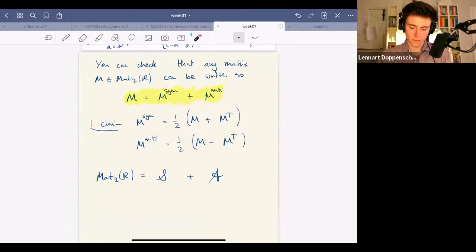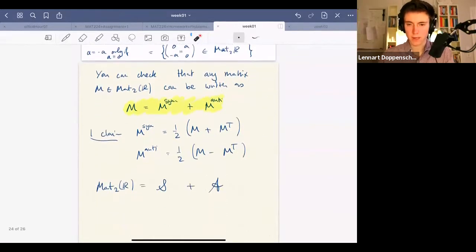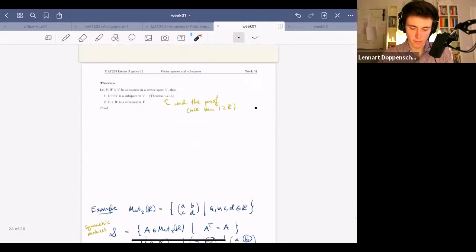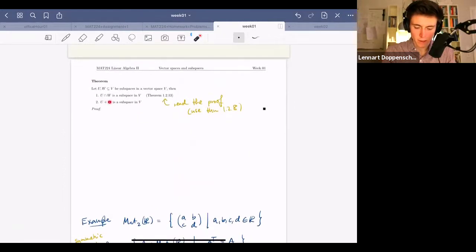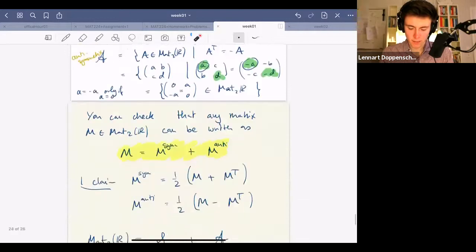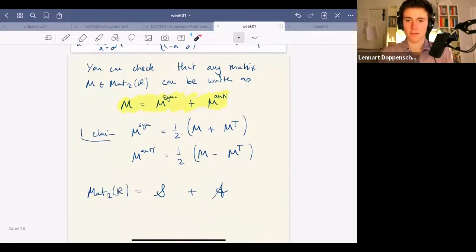It doesn't mean that this exists for any kind of vector space, but I'm just giving an example of when a vector space has 2 subspaces, and when you sum them together, they give back the whole vector space. So just to explain an example of this, so that you have an idea of what it means to sum 2 subspaces.